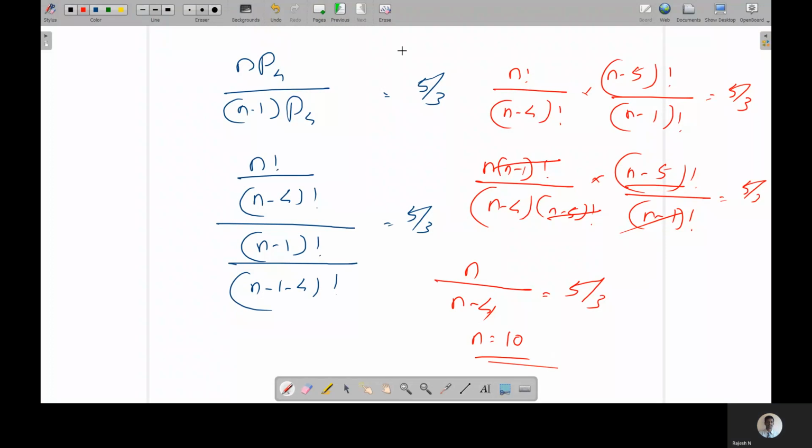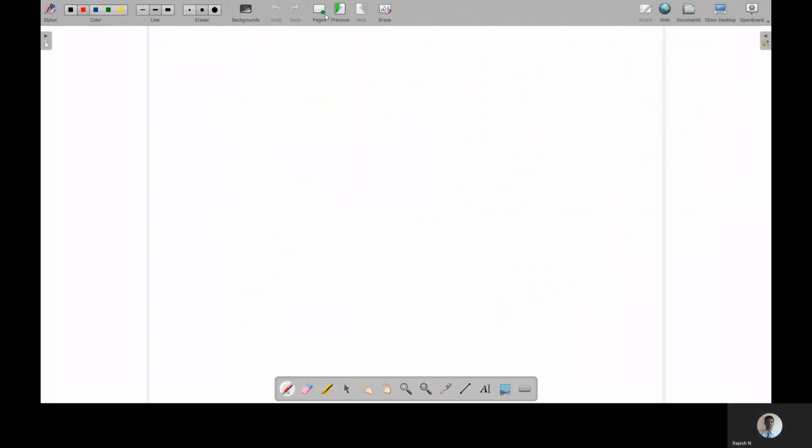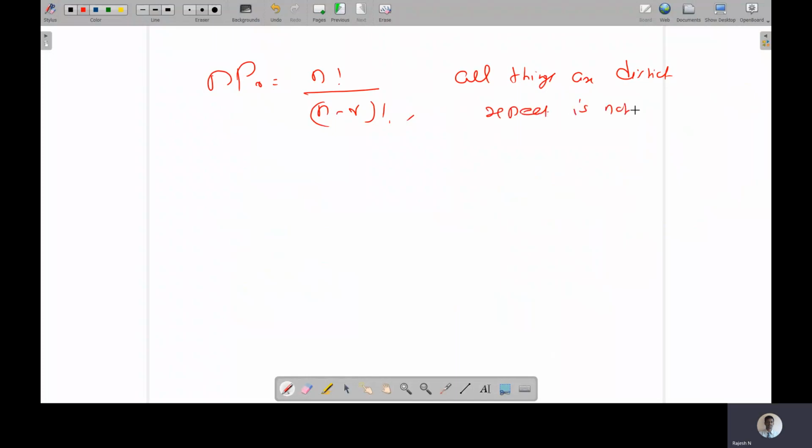So remember, in permutation there is nPr. nPr is equal to n factorial by (n minus r) factorial, provided all things are different, distinct. Then repetition is not allowed. Now next one: nPr is equal to n raised to r.